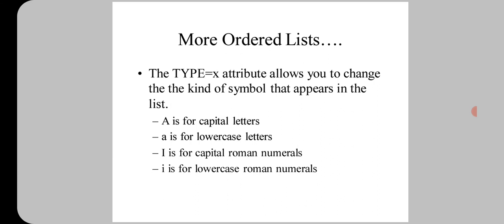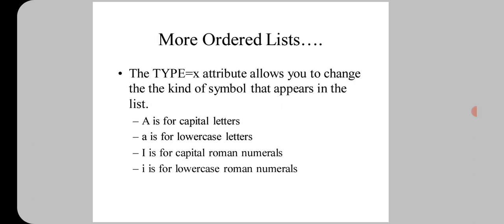And if you specify type equals small i, it is for lowercase Roman letters. So type equals capital A means capital alphabets, type equals small a means lowercase alphabets, type equals capital I means capital Roman letters, and type equals small i means lowercase Roman letters.